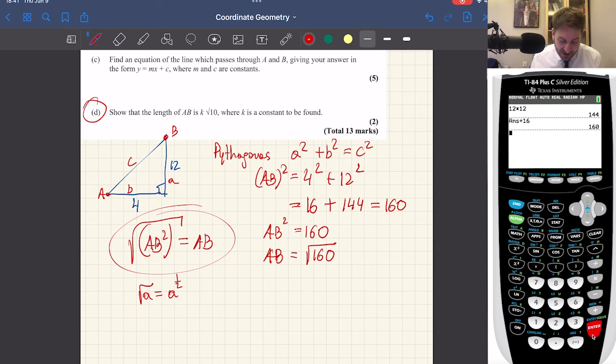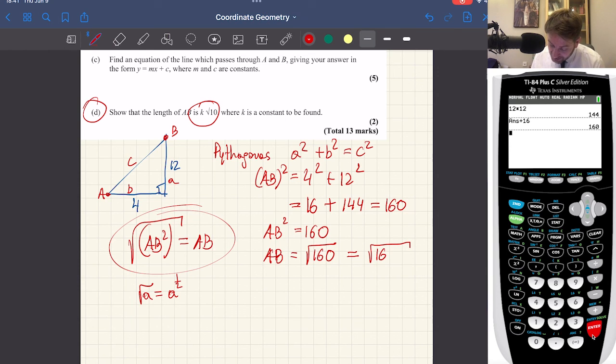Now, what they say is that this needs to be something root 10. So we need to figure this out. How are we going to do this? The easiest way to think about this: you always need to look for a square number if you want to simplify the root, the surd.